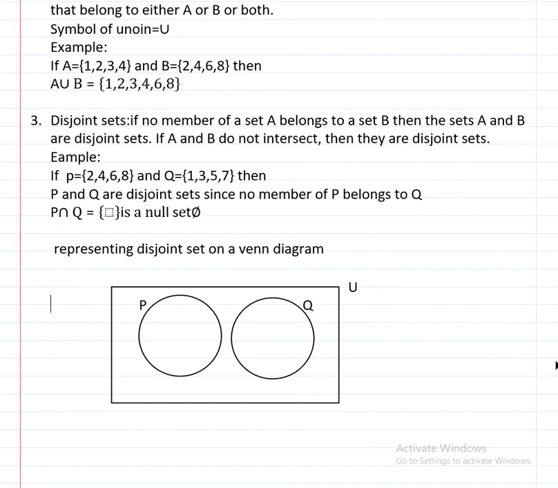Then we will look at properties of complements of a set. Then I think we will be getting closer and closer to the end of sets. Then we will go to three sets.